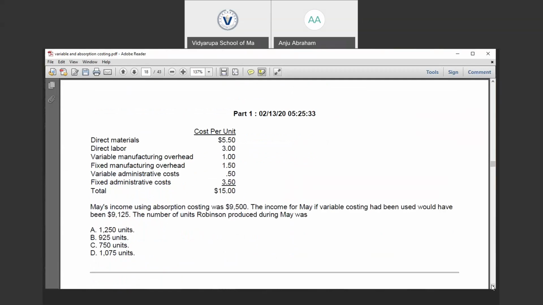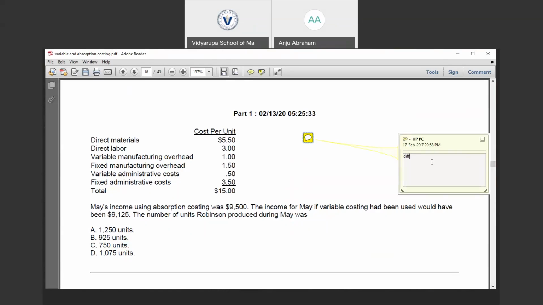Just look at the information. May's income using absorption costing was 9,500 and May's income if variable costing was used would have been 9,125. So there is a difference: 9,500 minus 9,125 is going to be 375, right?